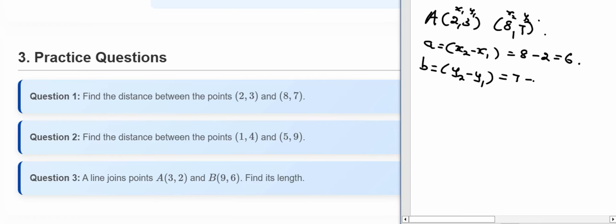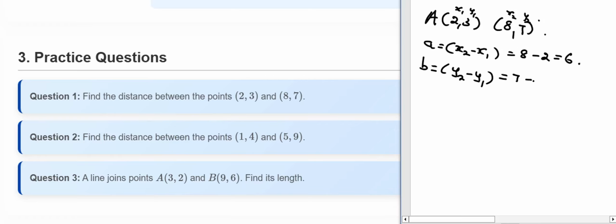So here I get the square root of a squared, which is 6 squared, plus 4 squared. So I get the square root of 36 plus 16, which is the same as the square root of 52. 36 plus 16 is 52.